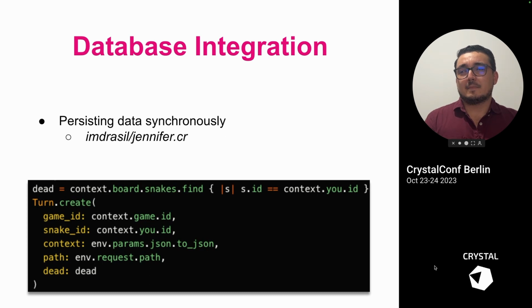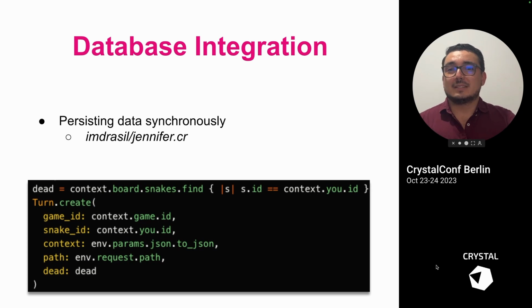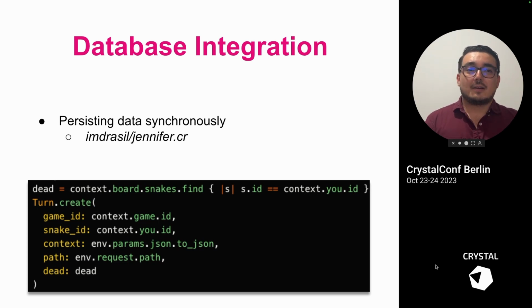Then the next logical step for me was to integrate a database. I wanted to store all the data per each game, per each turn that my Battlesnake was playing, so I could learn from it, or do any other thing that I wanted. I implemented the Jennifer Crystal shard, which is pretty great. I fully recommend it.